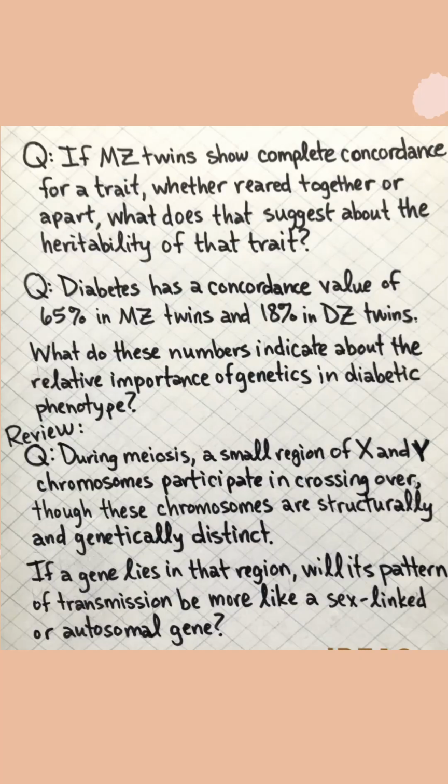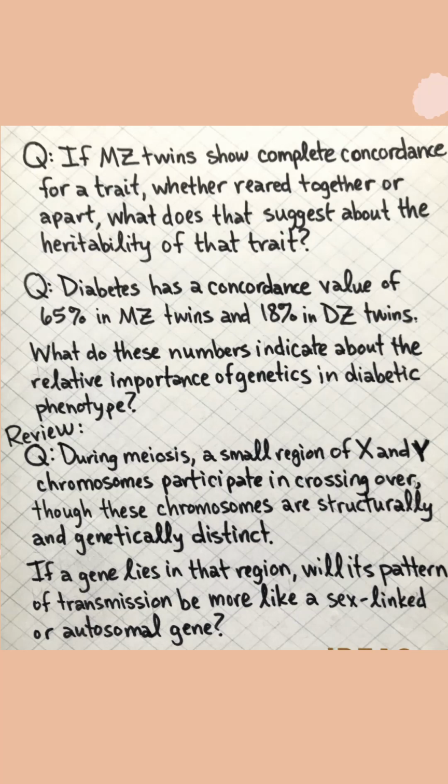Monozygotic twins, if there is a strong genetic component to the expression of that trait, are going to have a concordance value closer to 100%. So with 65%, 35% of those monozygotic twins have a different expression of this phenotype, even though they share 100% of their genes. That shows that there's clearly an environmental influence on this phenotype.